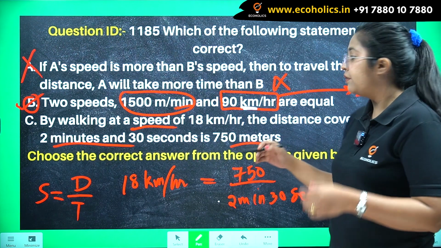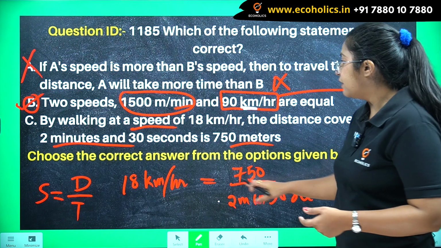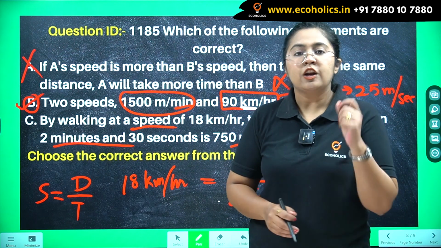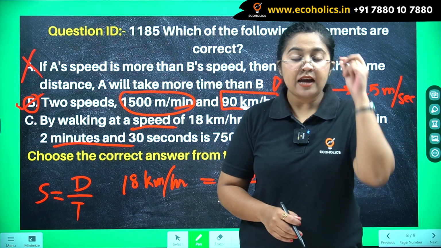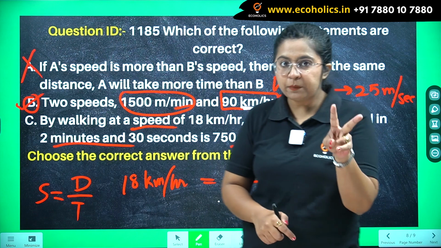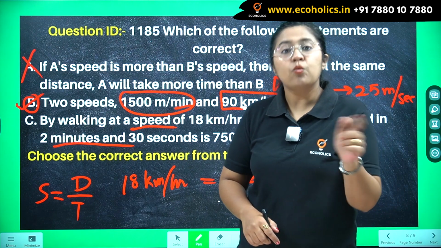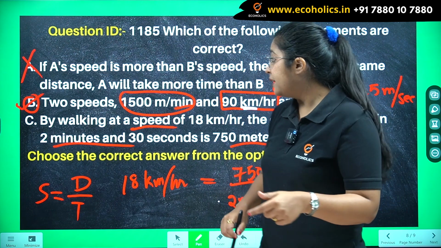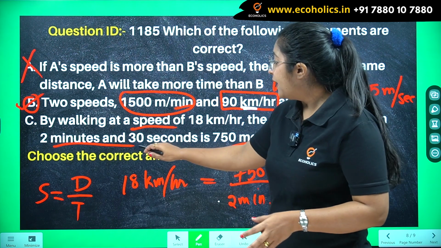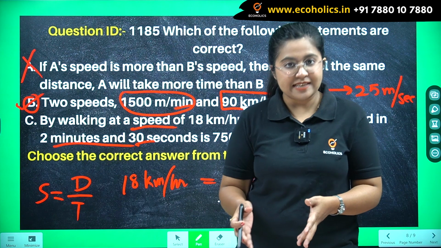So let's first convert 2 minutes and 30 seconds all into seconds. Each minute has 60 seconds, so 60 plus 60, because 2 minutes, is 120 seconds. And 120 seconds plus 30 seconds is 150 seconds.